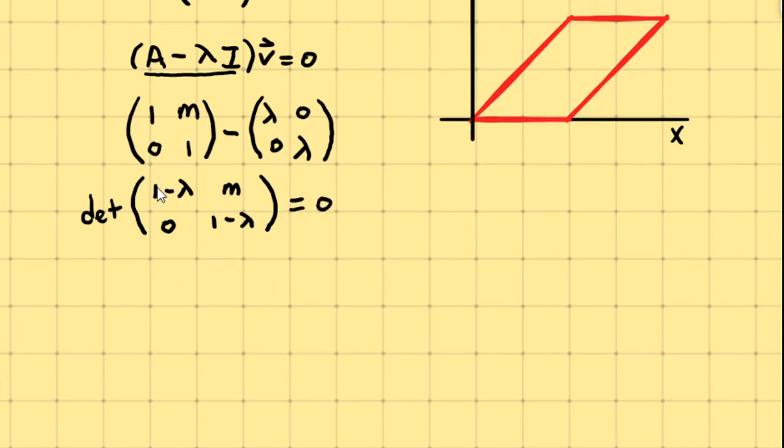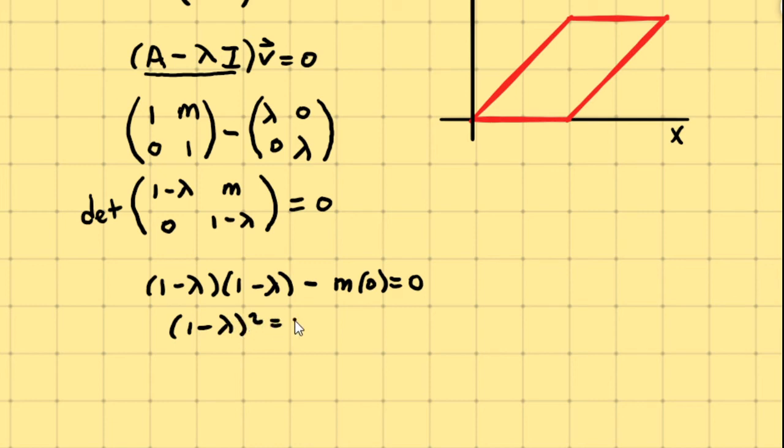In which case that's AD minus BC, so we get 1 minus lambda times 1 minus lambda minus m times 0, which is 0. So we have 1 minus lambda squared is 0. So lambda is 1. That is our eigenvalue.